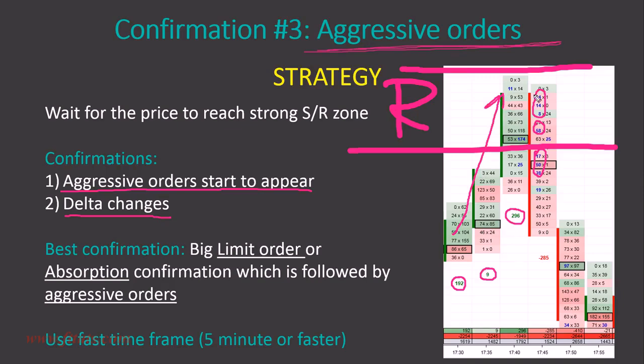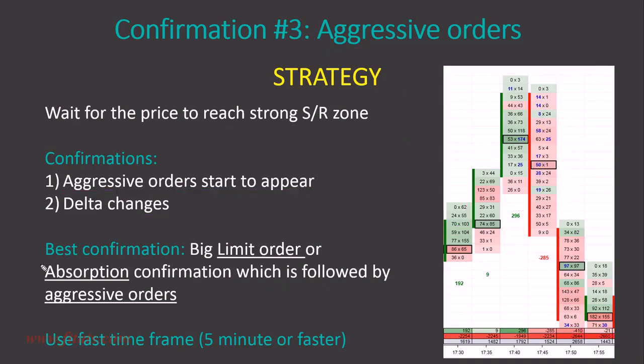But then those aggressive sellers started to jump in, and suddenly delta turned negative. And there was a sell-off. As you can see, delta is still negative. All right, so aggressive orders start to appear. In this case, those are aggressive sellers. They are entering with market sell orders, delta changes, and this gives you a nice confirmation that there's probably going to be a change in the trend.